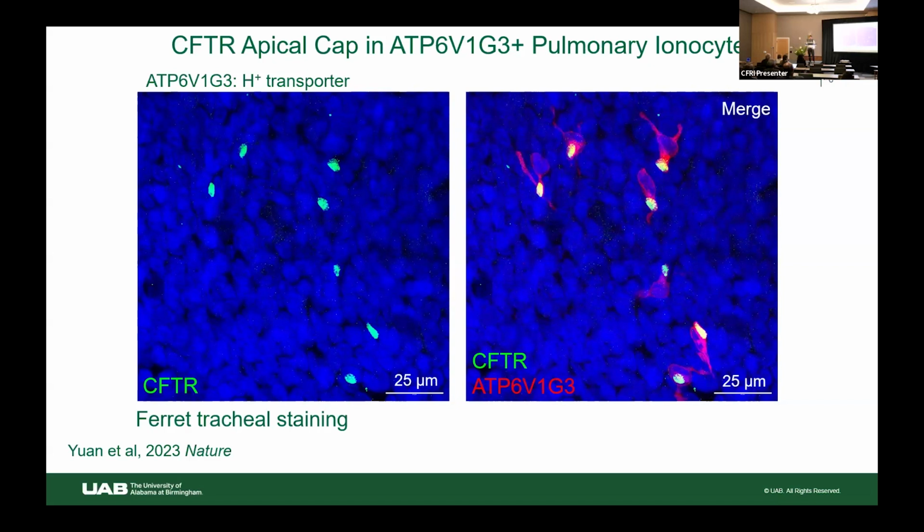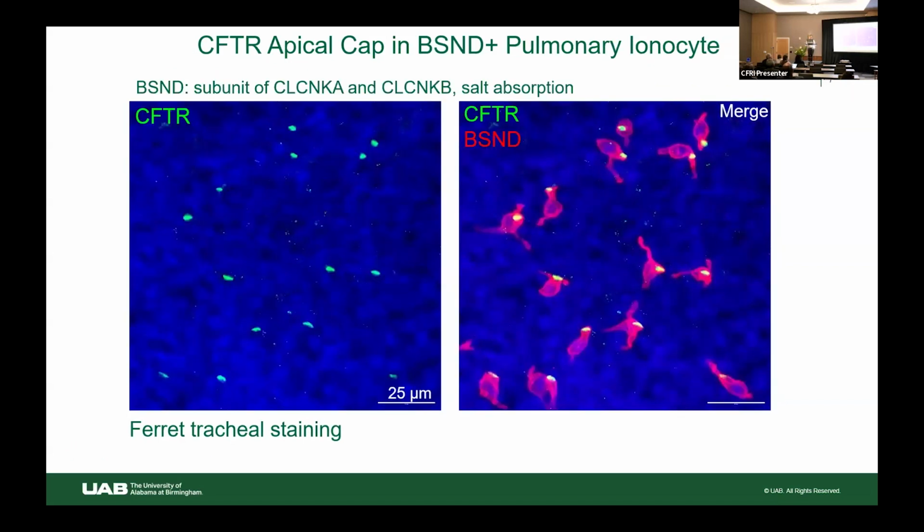Next, we checked other ion transporters. We did a co-staining of CFTR and BSND. BSND is the subunit of CLCNKA and CLCNKB, which is majorly involved in salt absorption. We can clearly see very good colocalization of CFTR and BSND in ionocytes, with CFTR in the apical cap pattern in those BSND-positive pulmonary ionocytes.